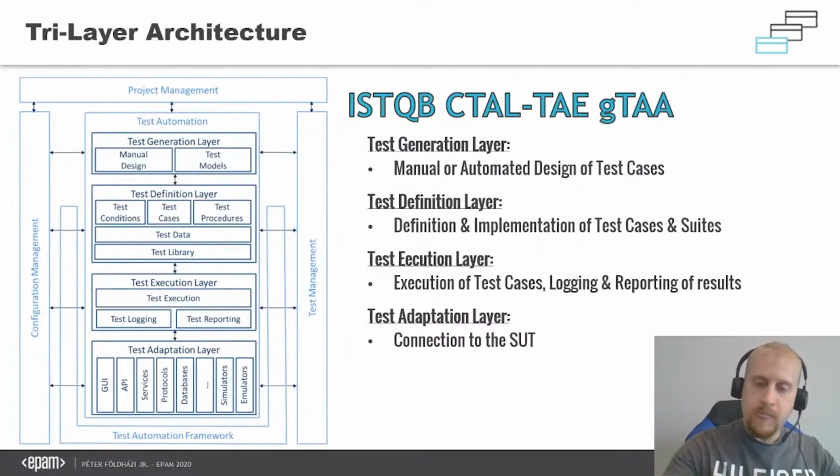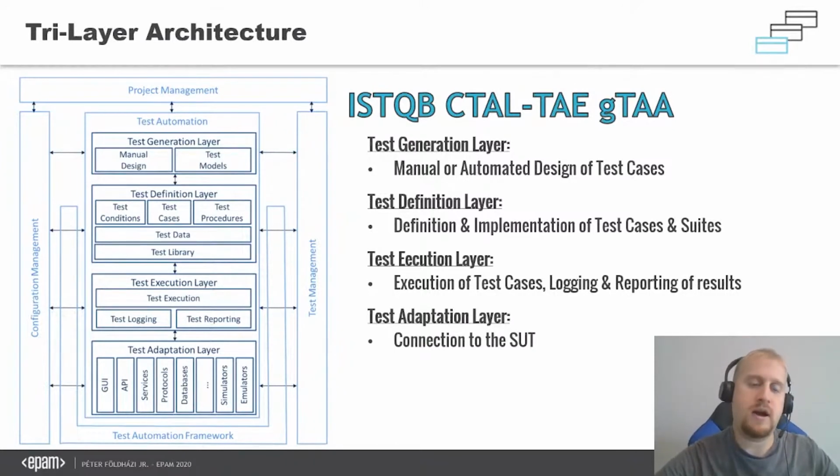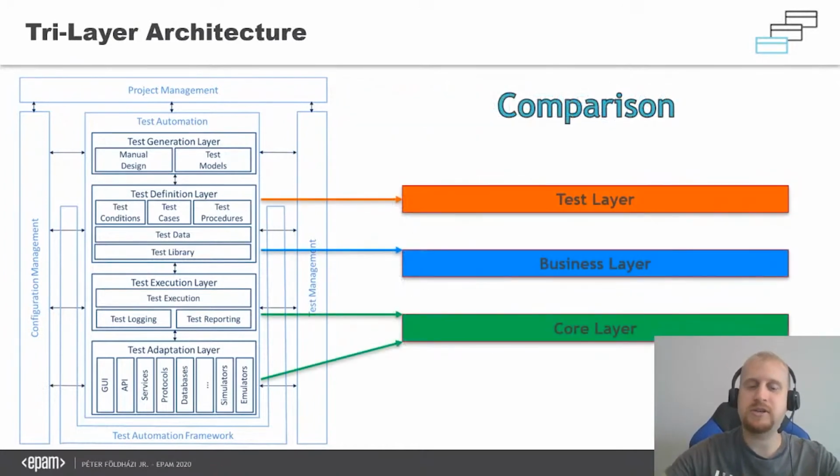But how the ISTQB's general test automation architecture looks like is a four-layered architecture. Now you would think that means it's the same as the tri-layer testing plus one more layer. It's not exactly like that, but it's almost true. Let me show you a comparison.